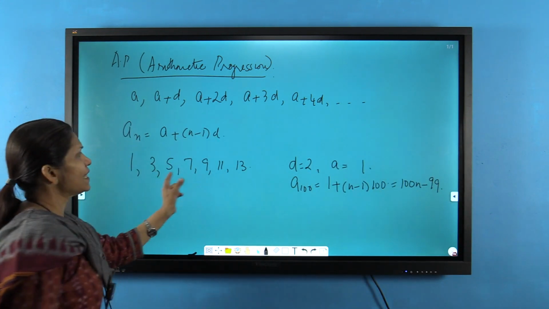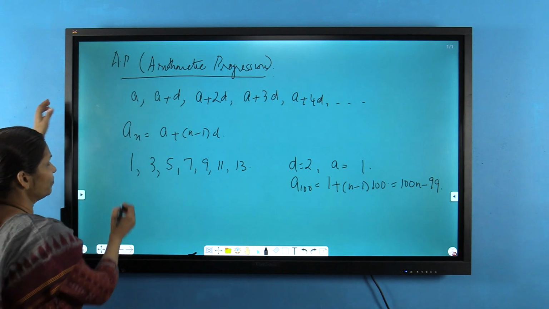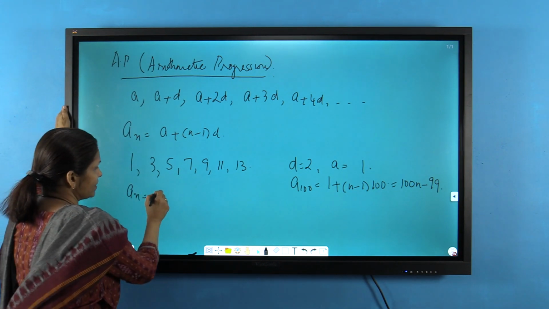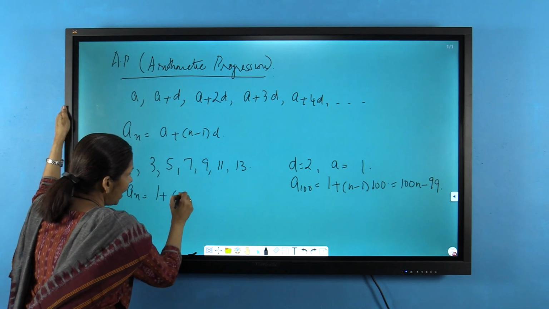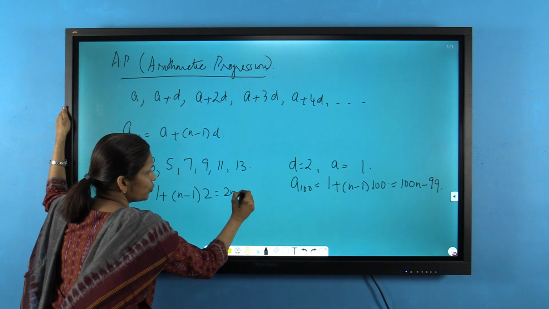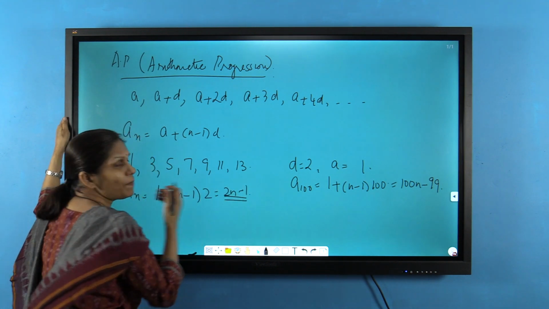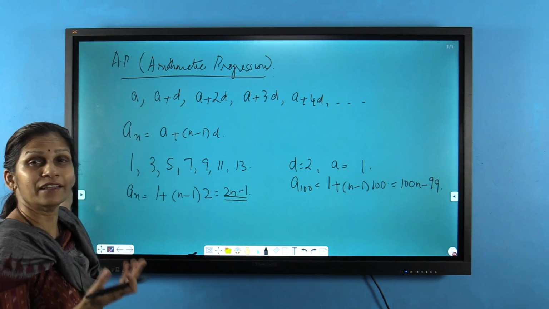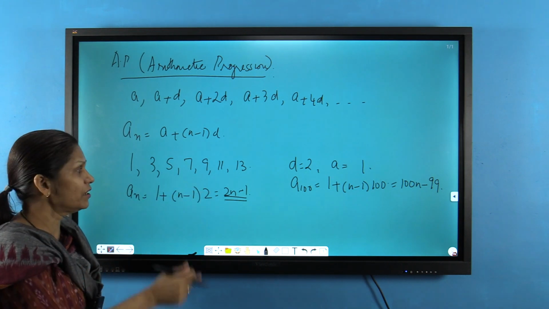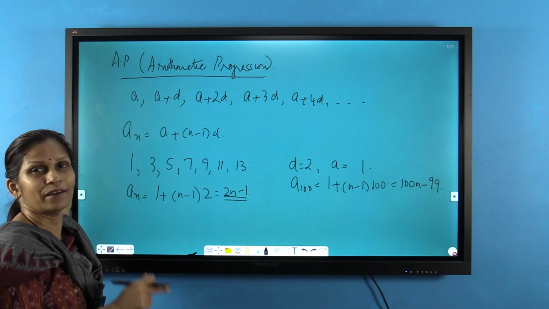Now, in this itself, what is the general term? a n is 1 plus n minus 1 into 2, which is 2n minus 1. 2n minus 1 is the general nth term of this particular AP. So, what would the 100th term be? 2 into 100 minus 1.